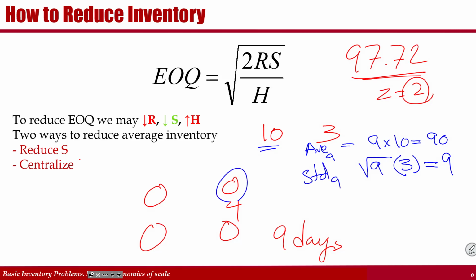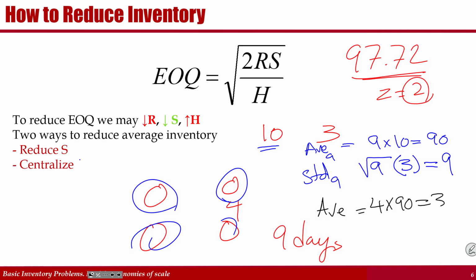But we need to combine it for 4 warehouses. AVE, when we go to 4 warehouses, is equal to 4 times 90, which is 360. And here, STD would be the square root of 4 times 9, which is 18.